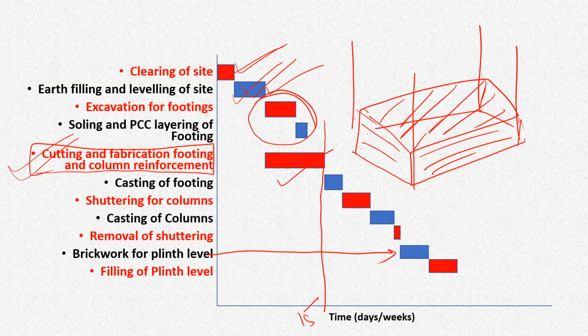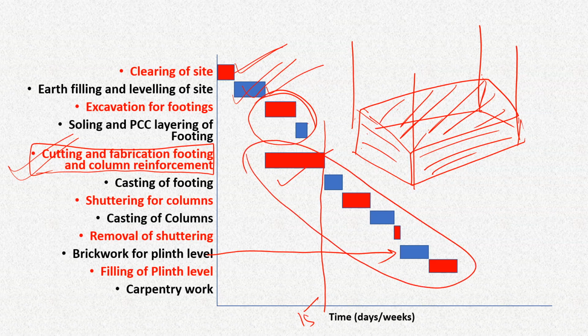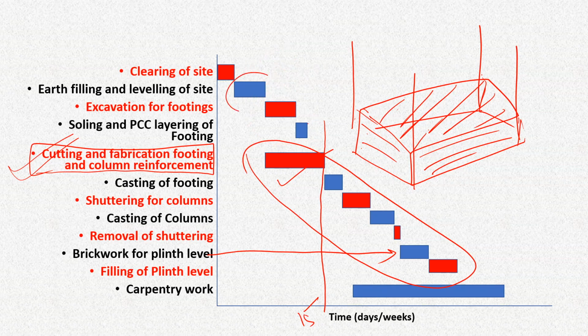Now, all this time, we can also carry out another activity, which is the carpentry. That is the preparation of the door and window frames. So this activity, depending on how much time it takes, is not dependent on all these activities, and it is only dependent on this clearing of site.